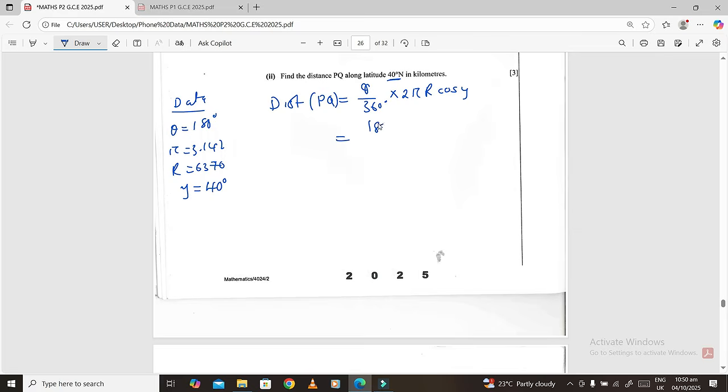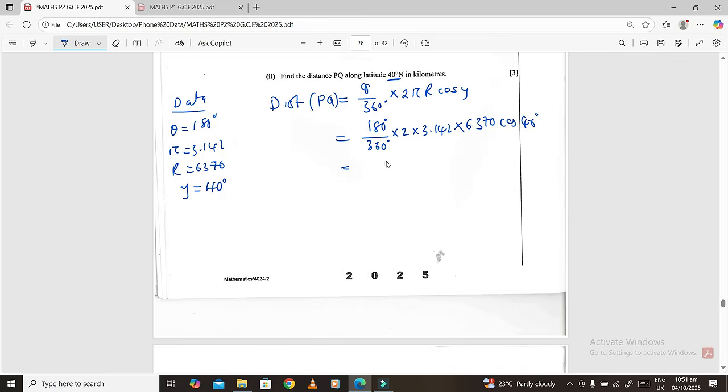So 180 degrees over 360 degrees times 2 times 3.142 times R is 6370 cos y is 40 degrees. So just punch everything on top. That's 180 times 2 times 3.142 times 6370 times cos 40.